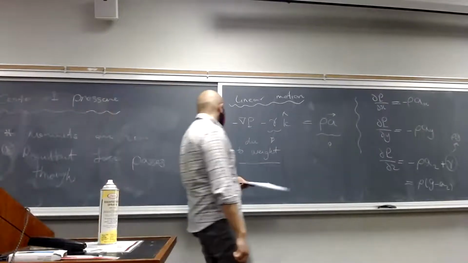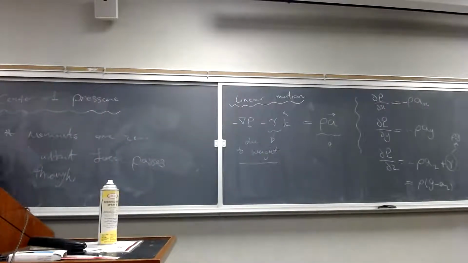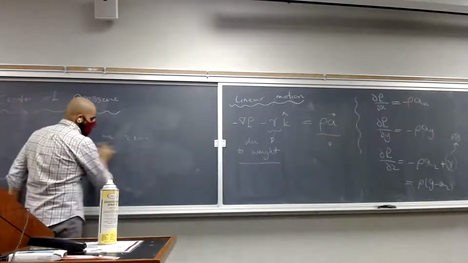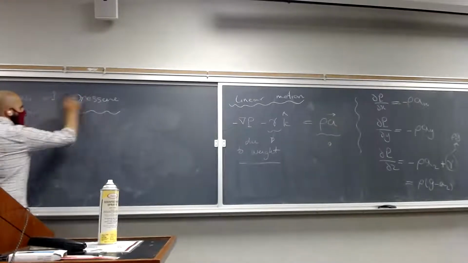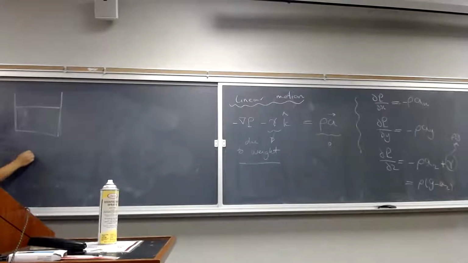Okay, so let's try to further this analysis. This is the general equation. We are not talking about the motion in any specific direction. But let's say we are dealing with this container of fluid and it is moving in this general direction.